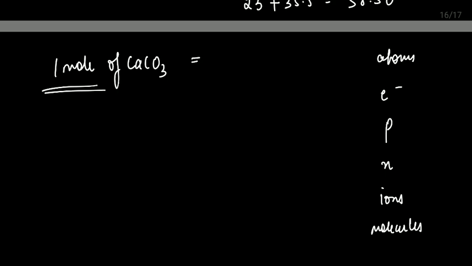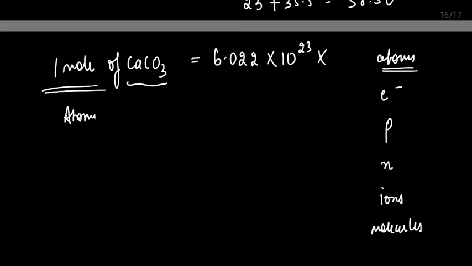So 1 mole of calcium carbonate is equal to how many atoms? Because we are calculating some number other than the number of moles, we have to use the Avogadro number always. Since they are asking about atoms, we need to consider the atomicity of calcium carbonate, only when you're calculating atoms. The atomicity of calcium carbonate is 1 atom of calcium, 1 atom of carbon, and 3 oxygen atoms, which gives you 5.